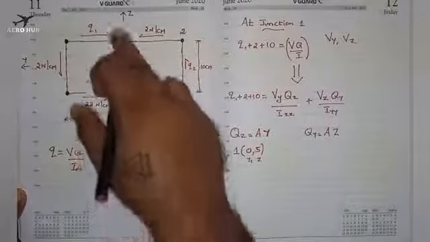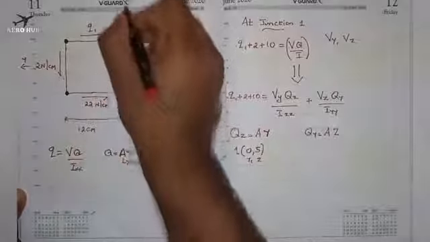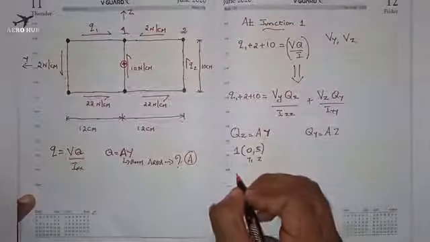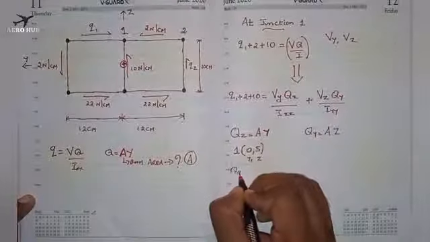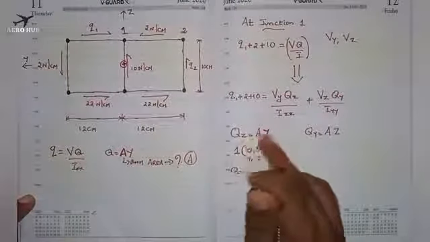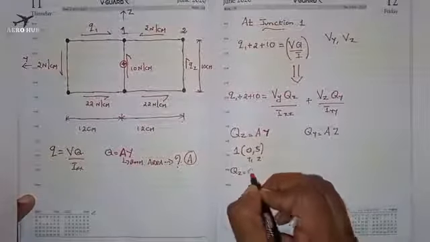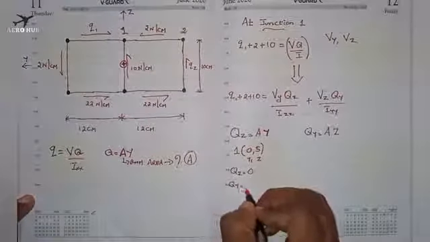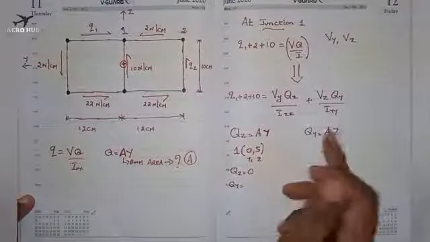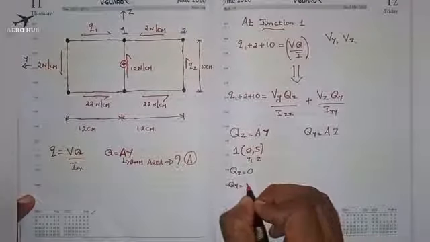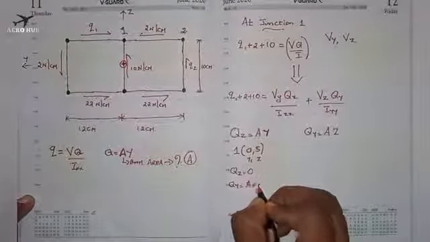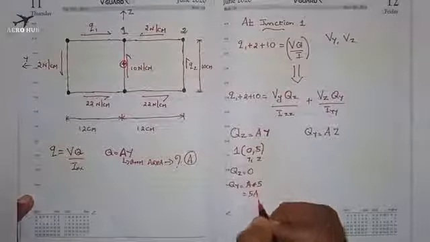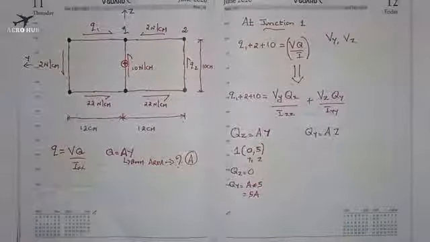So I can write Qz is equal to A into y, that will be 0, and Qy will be equal to A into z, which is 5A. So you got the value of Qy.